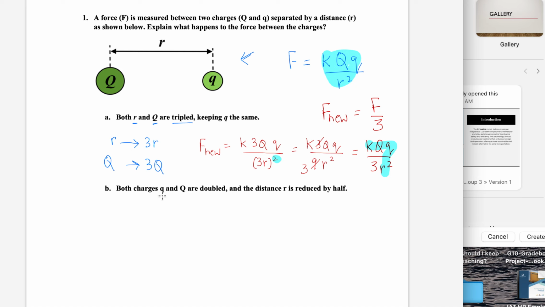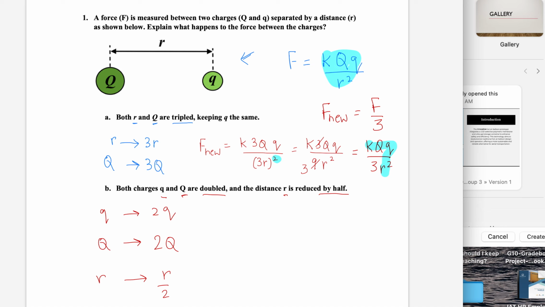The next one: both charges, small q and capital Q, are doubled and the distance is reduced by half. So everything is going to change here. Let's write down what they are saying. Small q is doubled, so it becomes 2q. Capital Q is also doubled, so that becomes 2Q, and the distance r is made half, so that becomes r over 2.